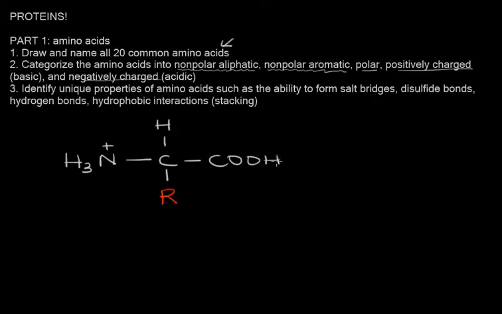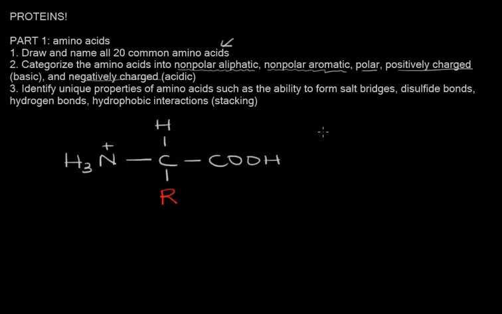Additionally, you're going to have to identify unique properties of amino acids, such as ability to form salt bridges, disulfide bonds, hydrogen bonds, hydrophobic interactions. So each amino acid is going to bring a unique property to the protein that it's part of. So it's important to have a really good fundamental understanding of the amino acids. So that's what this is about.